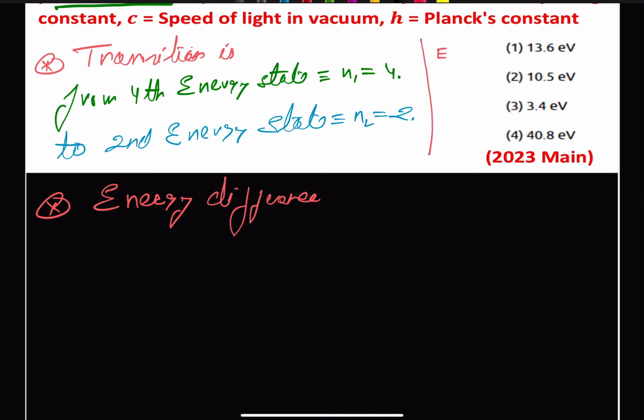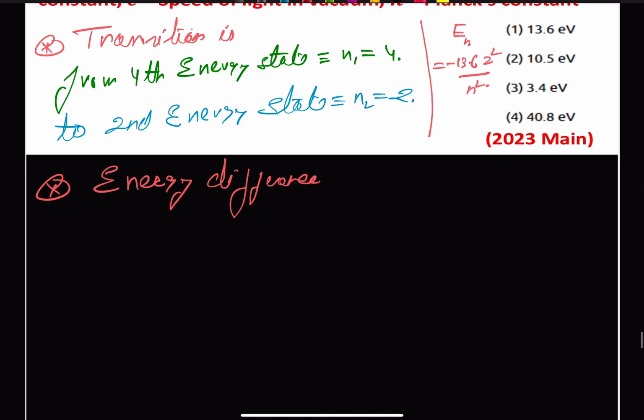We know that energy for the nth level, E of n, is equal to minus 13.6 Z square upon n square. So the energy difference will be delta E, and that can be written as E2 minus E4.